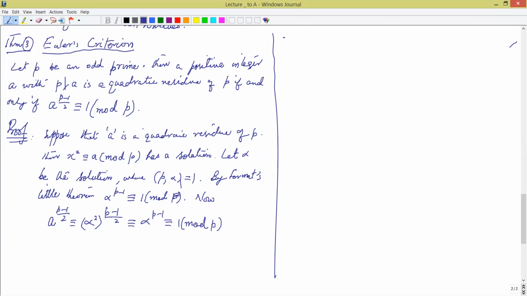Conversely, assume that a to the power (p minus 1) by 2 is congruent to 1 modulo p. Now we have to show that a is a quadratic residue, meaning the quadratic congruence is solvable.